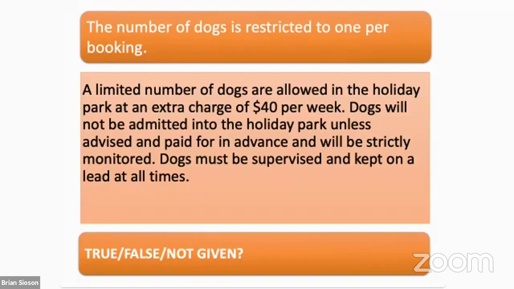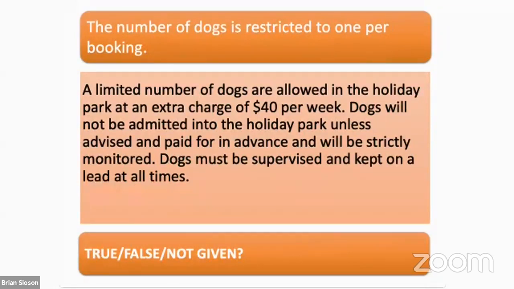But how many dogs can we take with us, according to the statement? Just one dog, for every booking.